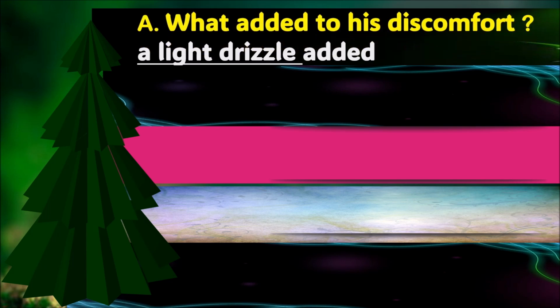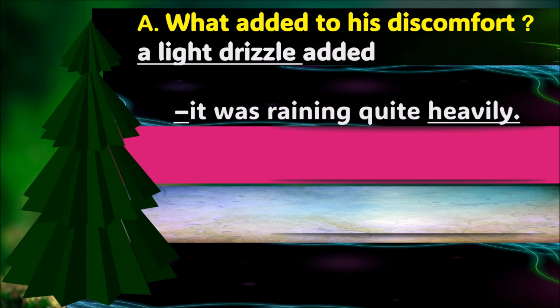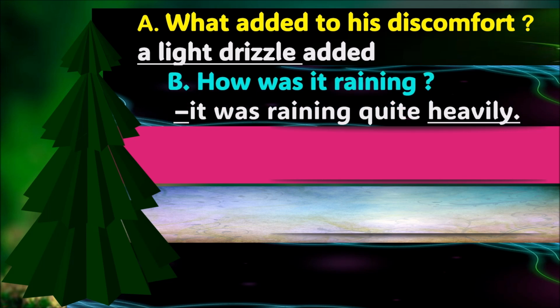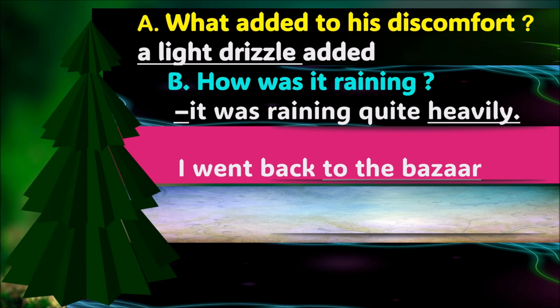Now, let's look at a light drizzle added. So added, it is past tense. We are talking about a light drizzle, so the question would be, what added to his discomfort? It was raining quite heavily. So it's how. How was it raining? I went back to the bazaar.